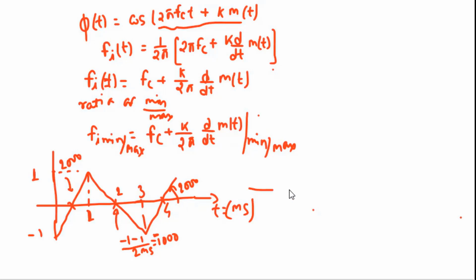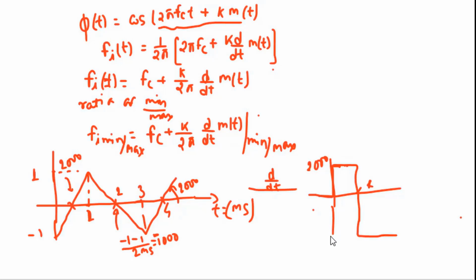So when you differentiate this, wherever the slope changes, you will get a step signal. The first slope is changing at 0, so you will get a step signal of amplitude 2000. Then the second is changing at 1. At 1 the slope is changing, so at 1 you will get another step signal which has an amplitude of minus 1000.